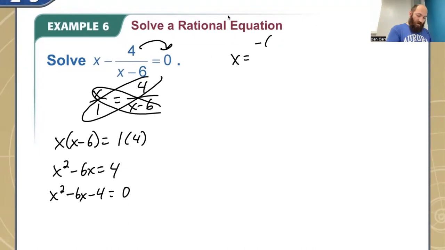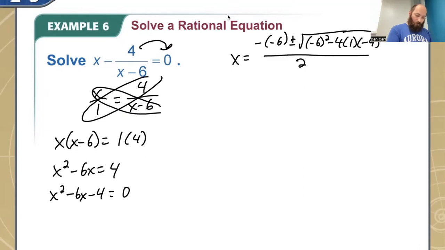So I'll do negative of -6 plus or minus the square root of (-6) squared minus 4 times 1 times -4, all over 2 times 1. Okay, so I'll go to my calculator at this point.